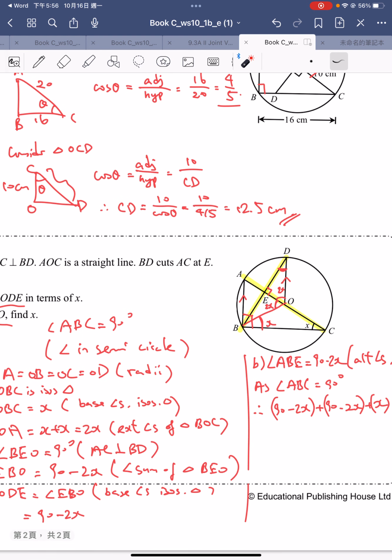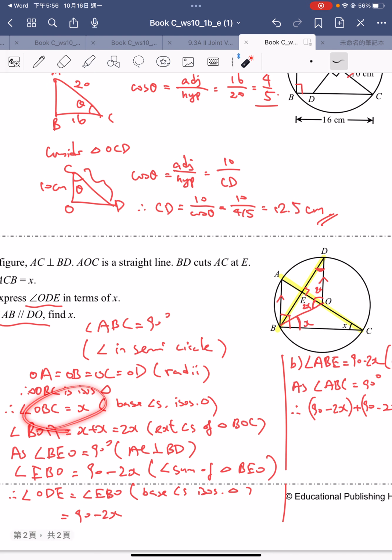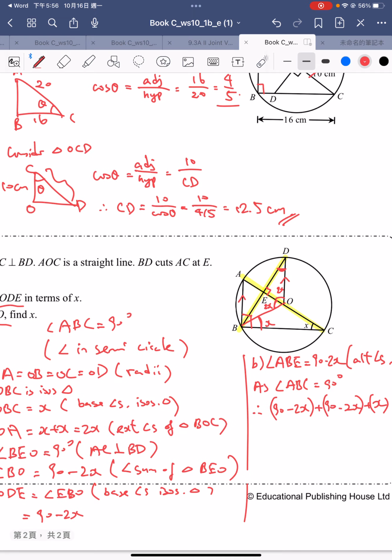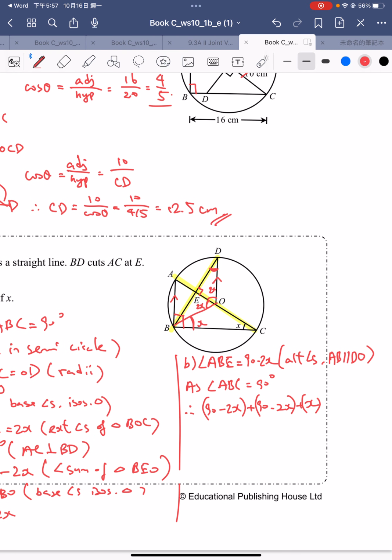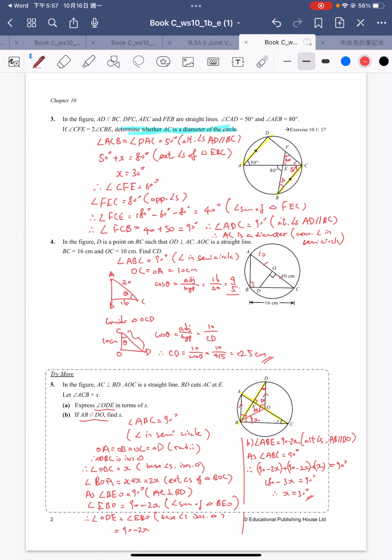The third x is just this part. We find it in the first part. So we can just add these three parts together to get 90 degrees. So now we can say that 180 minus 4x plus x, minus 3x, will give you 90 degrees, so that the x is actually equal to 30 degrees. So that's for question 5.